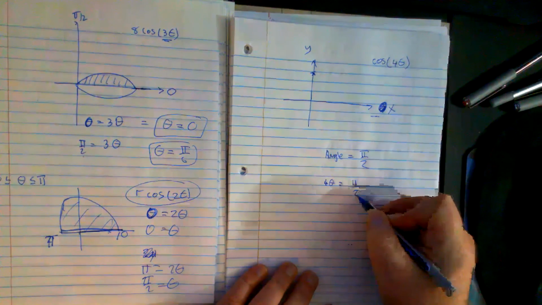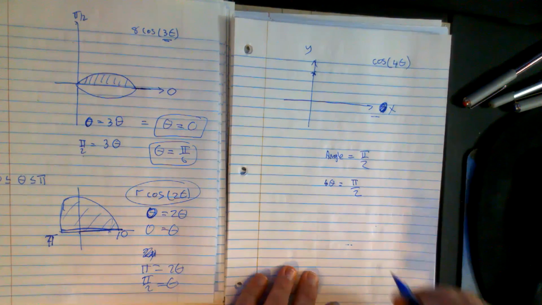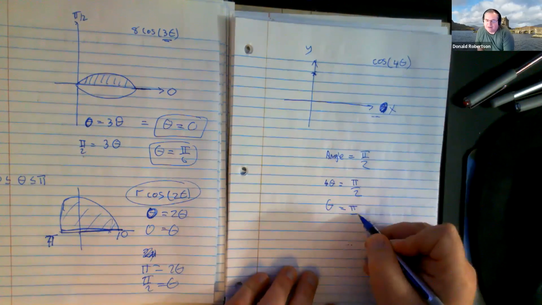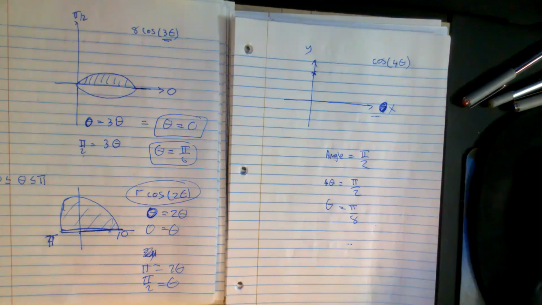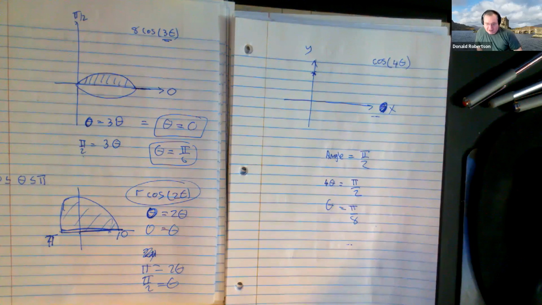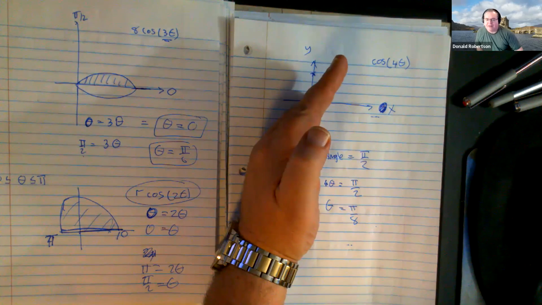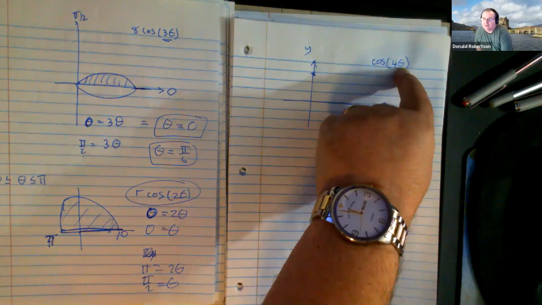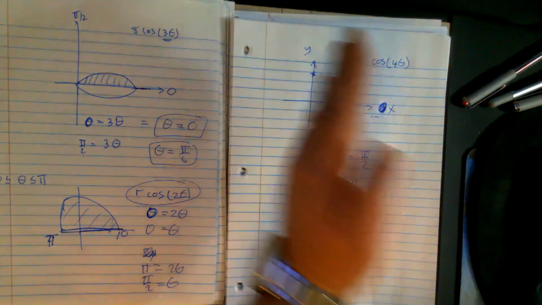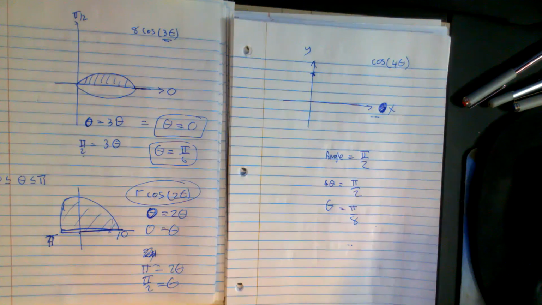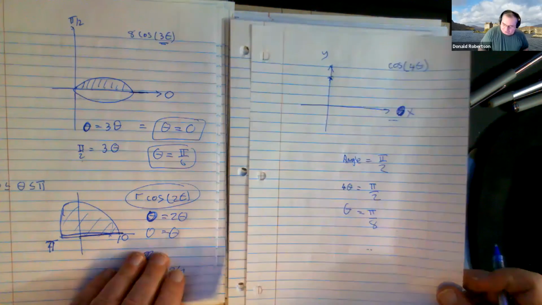Correct. So then it's pi over 8 for theta. Is that helping? Yes. So there's the angle on the axis, and then theta has to be the same number as the angle on the axis. Right, then we are good. All right, thanks for explaining that.